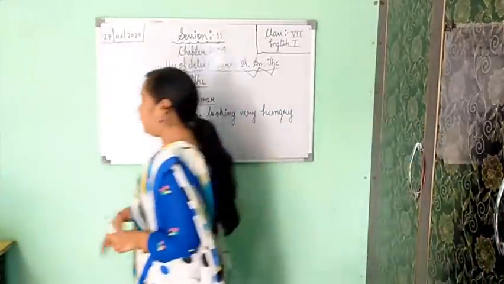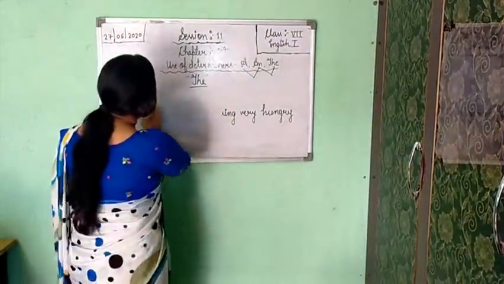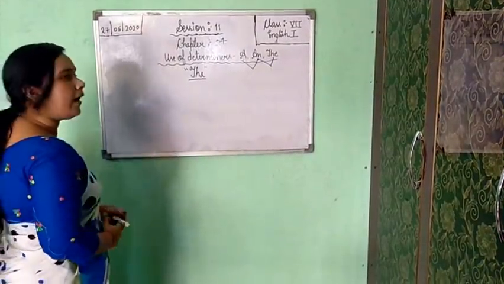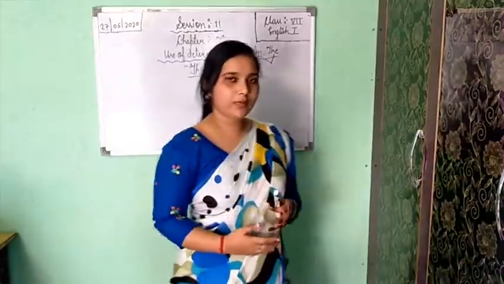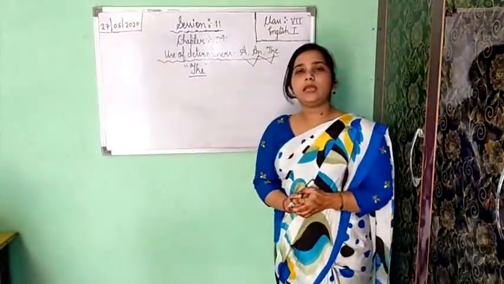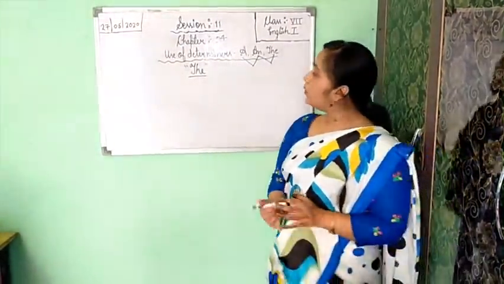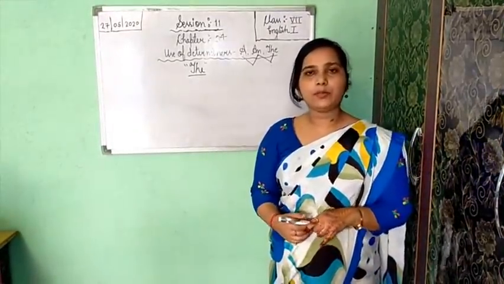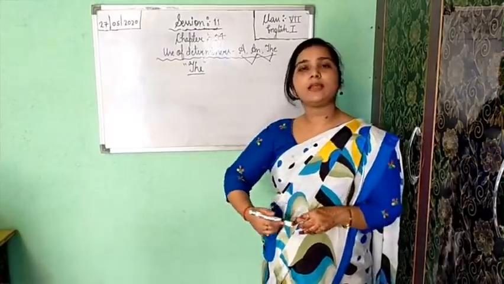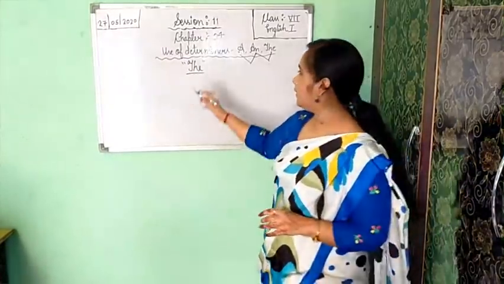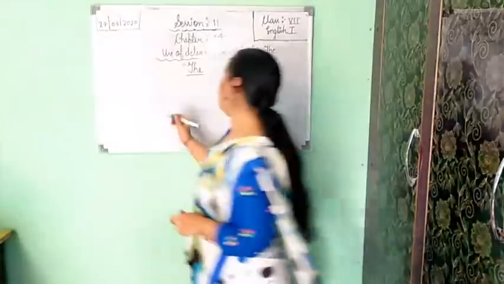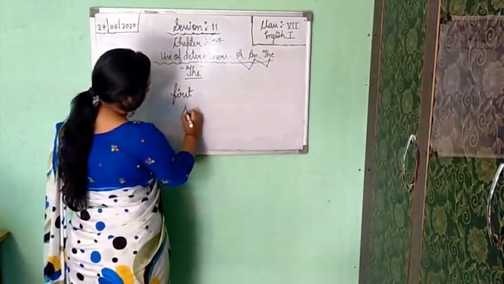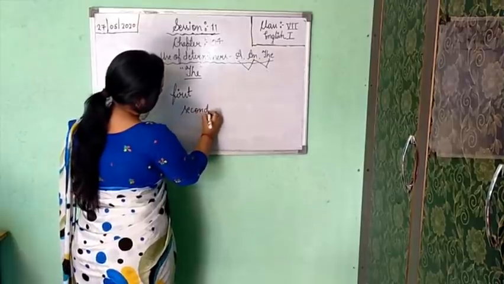Okay. Now as I have told you, for numerical sense, which means one, we will use the indefinite article "a" or "an". But for ordinal sense, for ordinal numbers, ordinal meaning first, second, third, likewise, you will use the definite determiner "the". For example, first, second, third.